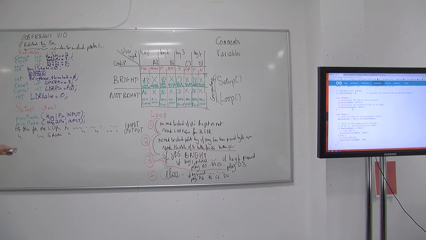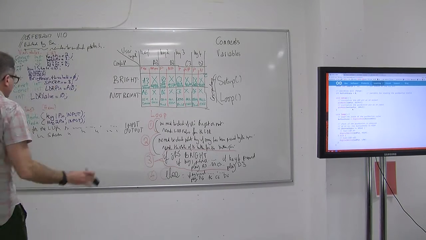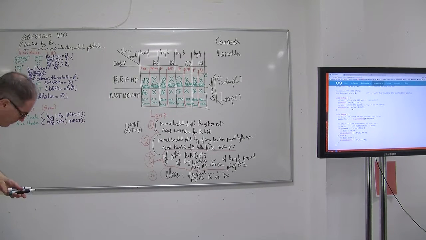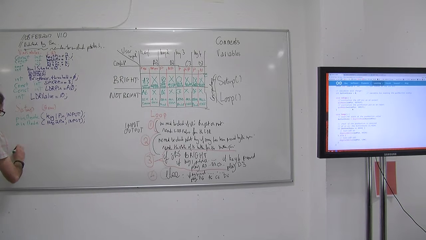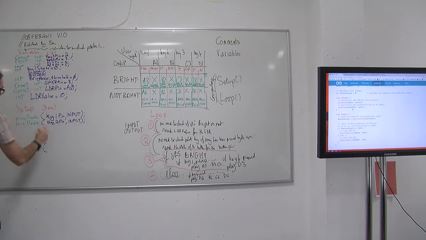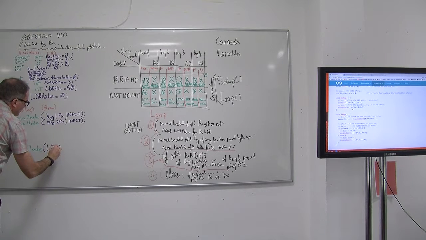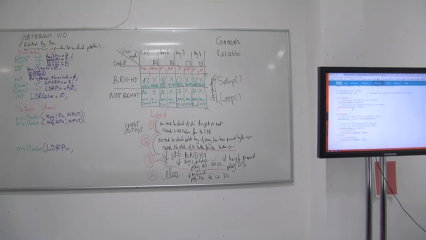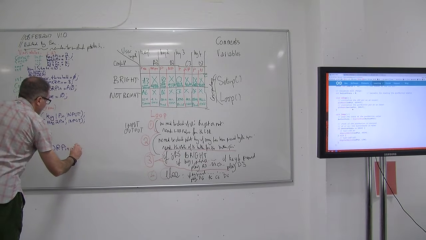And then we need the pin for the LDR as an input, and we need the pin of the speaker as an output. So, let's do that here. So, pin mode. Then you have the LDR, which is LDR pin. And that's an input or an output? Input.